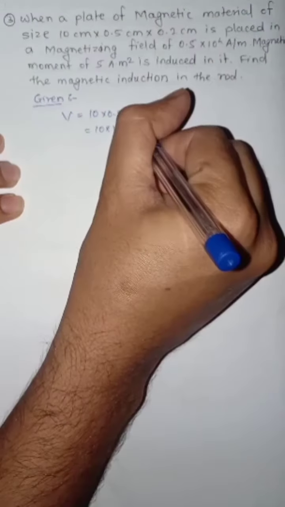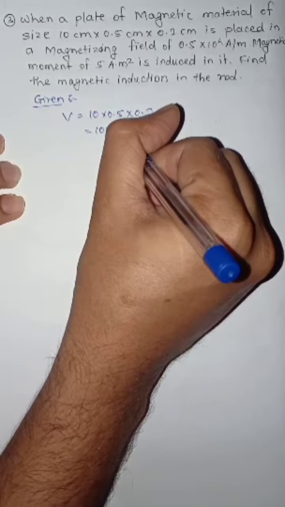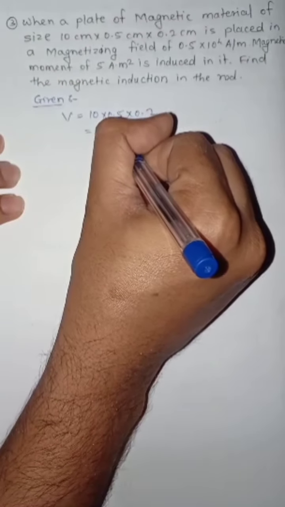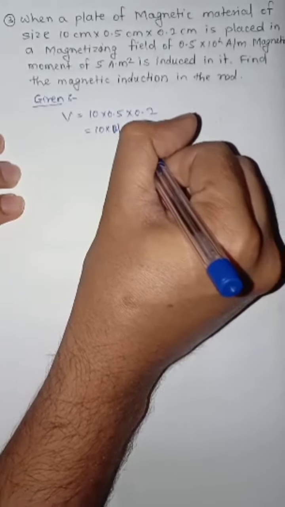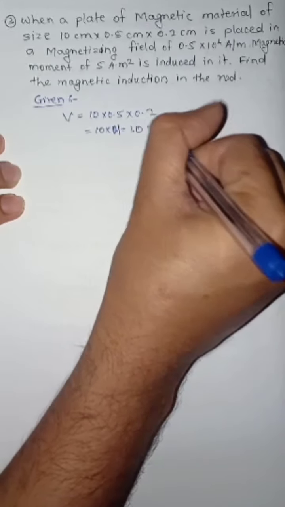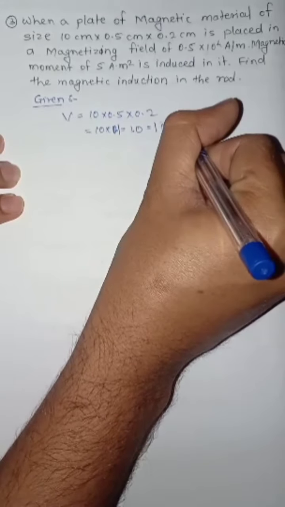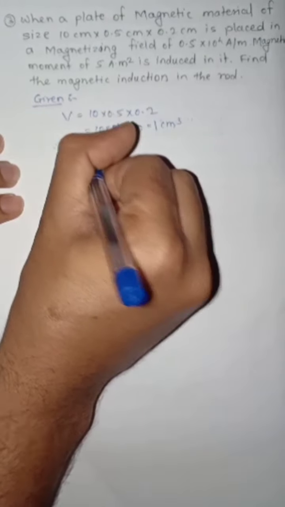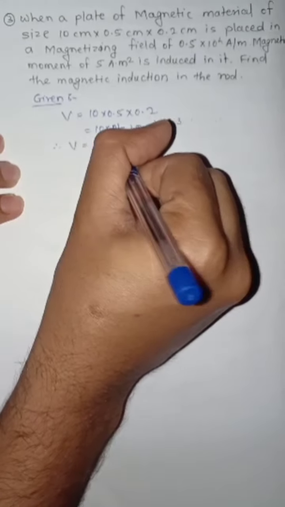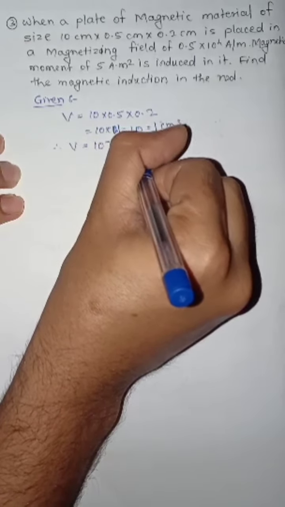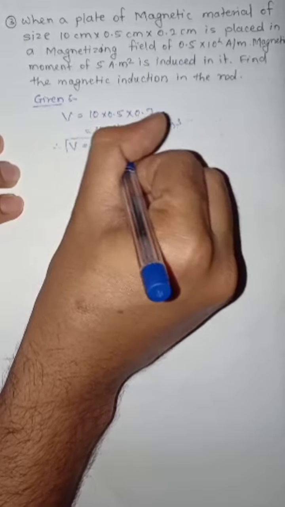Sorry. So 0.5 into 0.2 is equal to 0.1. So equal to 1.0, which is equal to 1 centimeter cube, and therefore volume V is equal to 10 raised to minus 6 meter cube. So this is our volume.